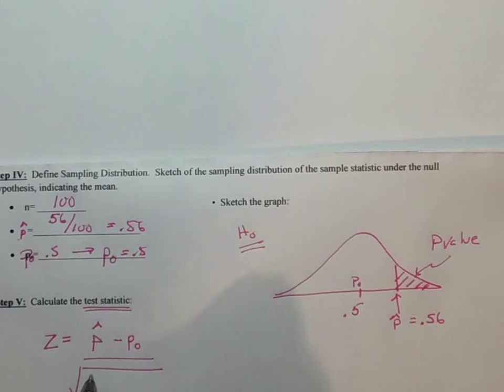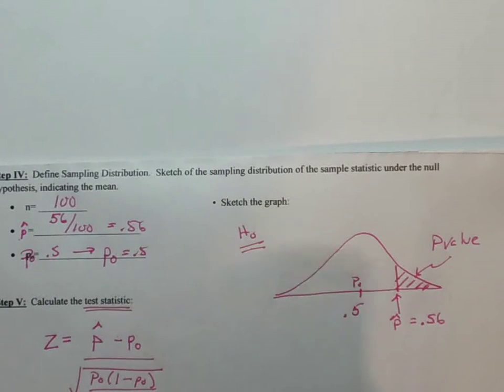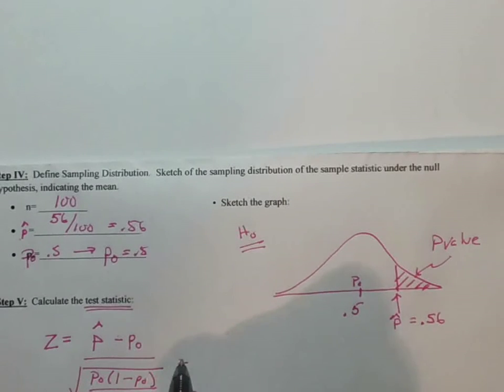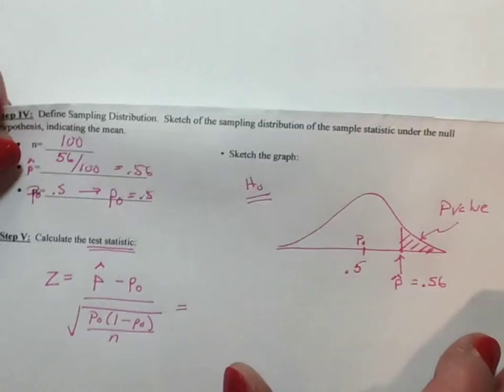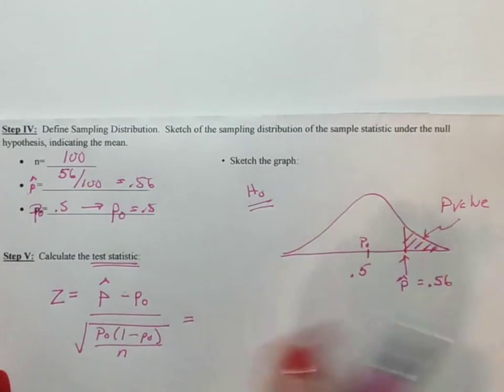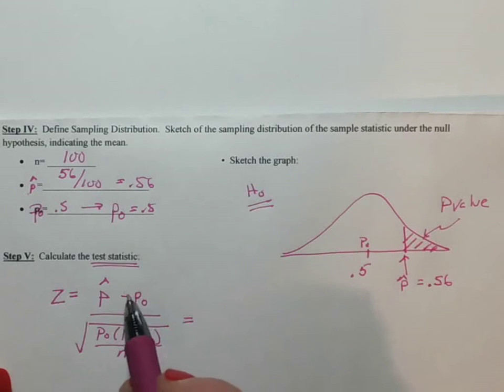And this is the square root of p naught times 1 minus p naught, divided by n. So you should be getting comfortable with being able to develop this formula, right?